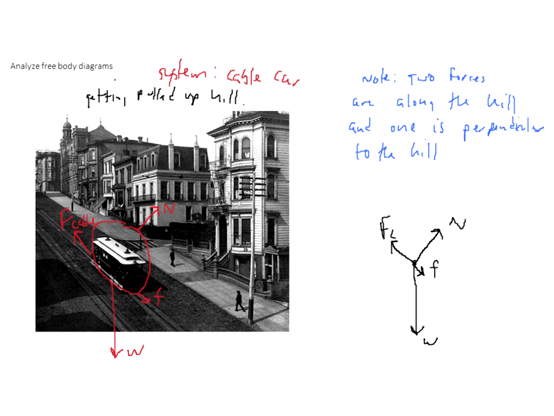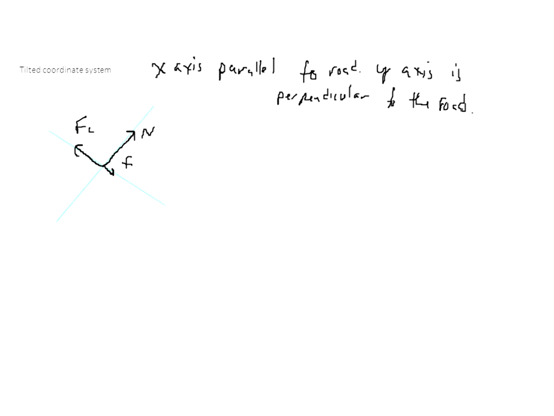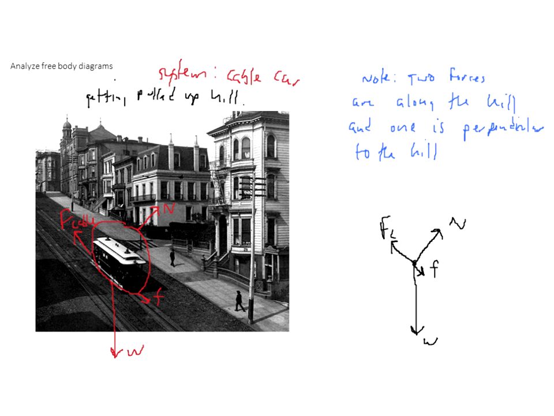The weight was actually the only force that's not on one of our tilted axes. So the weight is going to be down like that, and that's going to be off at an angle theta.